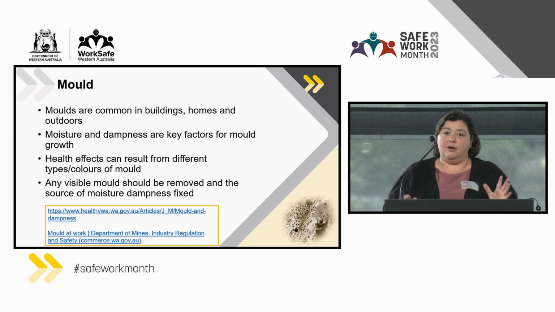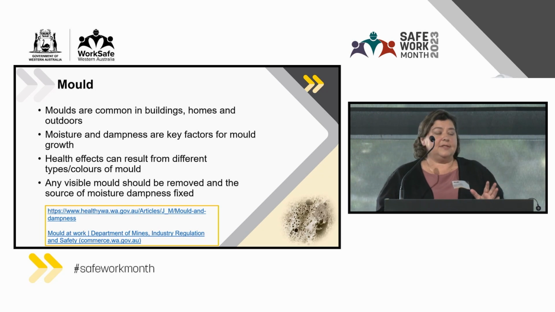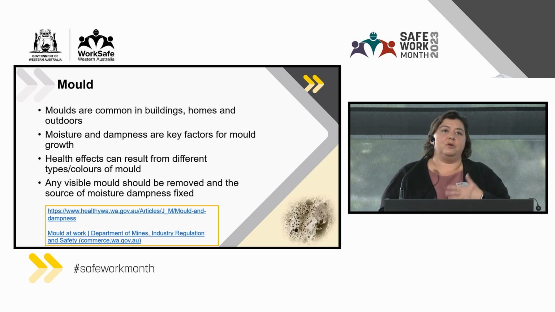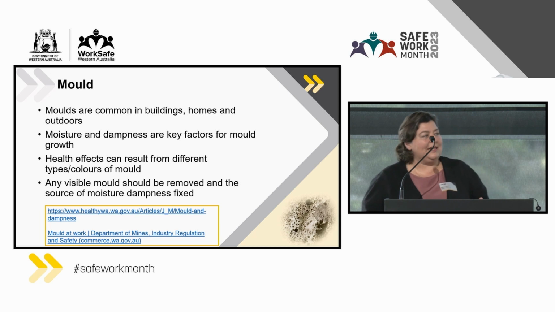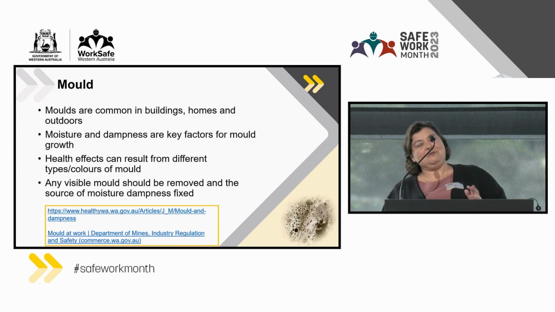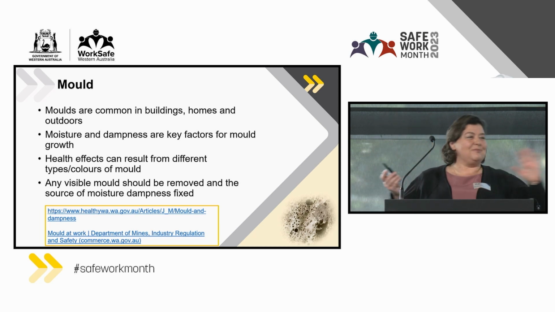Mould is very common in both workplaces and homes. Both Healthy WA, or Health, and the Department of Mines, Industry Regulation and Safety, DMIRS, have information on mould, which I suggest you look at. The main problem with mould comes from moisture and dampness, so they're the key factors for mould growth. When media gets hold of a story, which you would have seen recently, black toxic mould found.